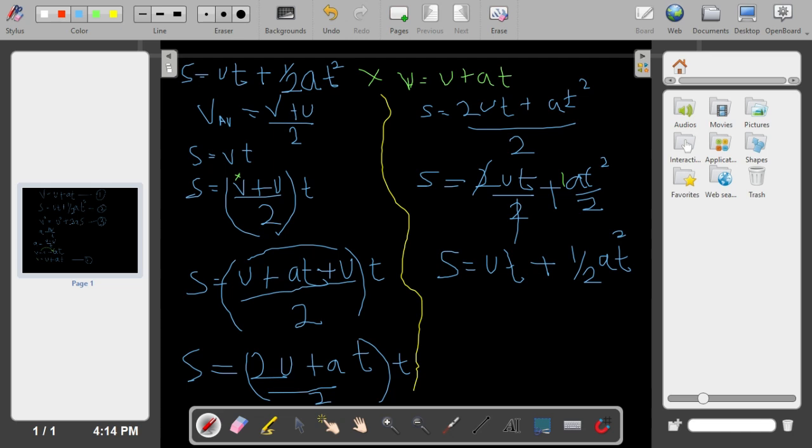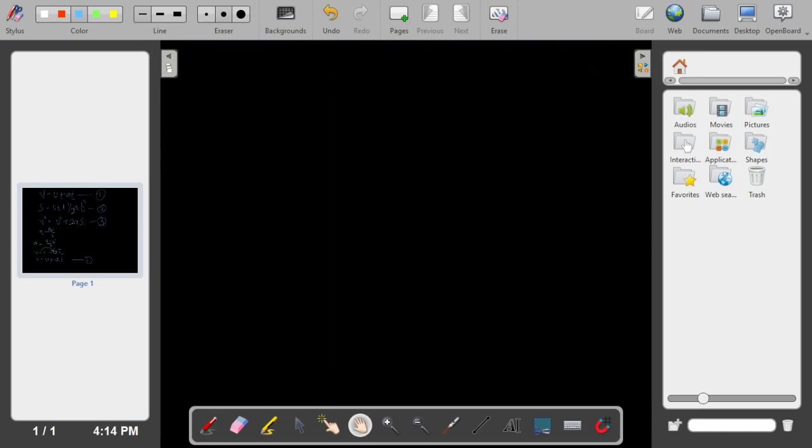So let's look at the third one. The third one is the last equation of motion. So if I look at that third equation of motion, we have it as v squared equals u squared plus 2as.